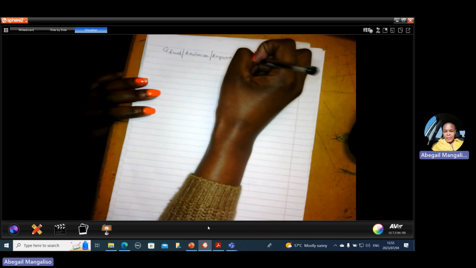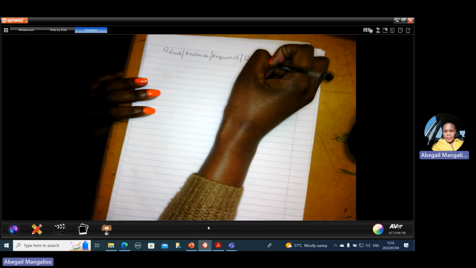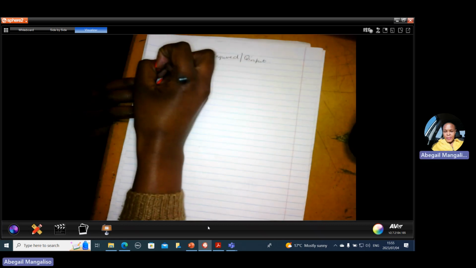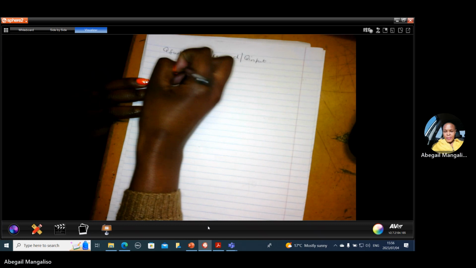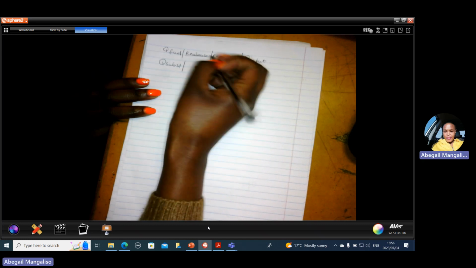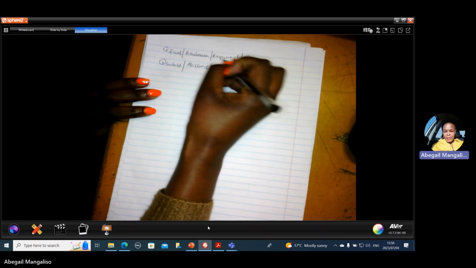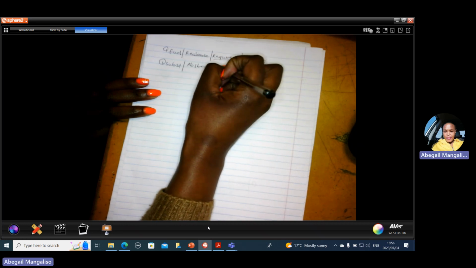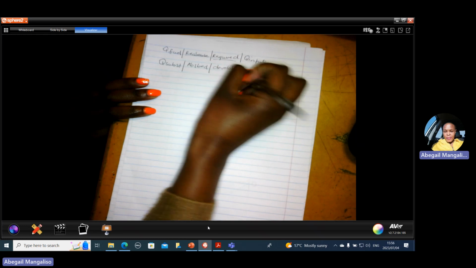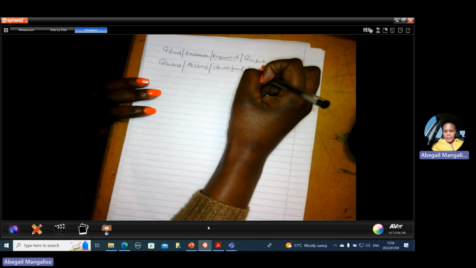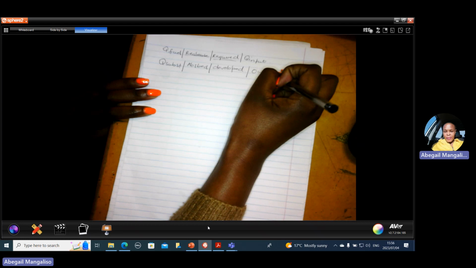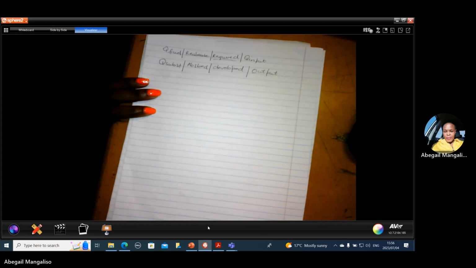So fuel is also the input. But if the fuel is releasing, the substance is absorbing. If this is required, this one is developed. If this is the input, this one is the output.